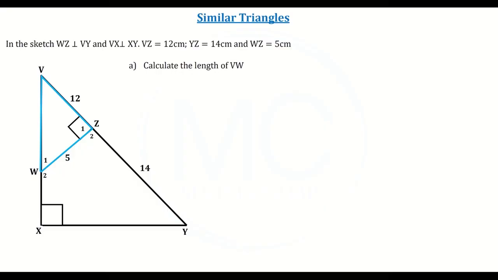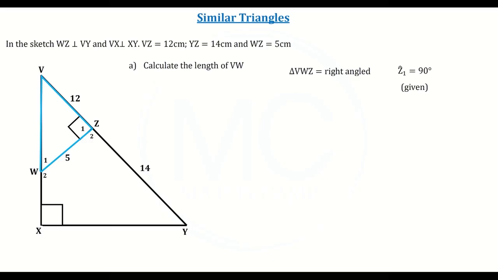So triangle VWZ is a right angle triangle. So we can make the statement that triangle VWZ is right angled because angle Z1 is 90 degrees. And we know this because this information has been given to us in our diagram. So as our reason, we say given.